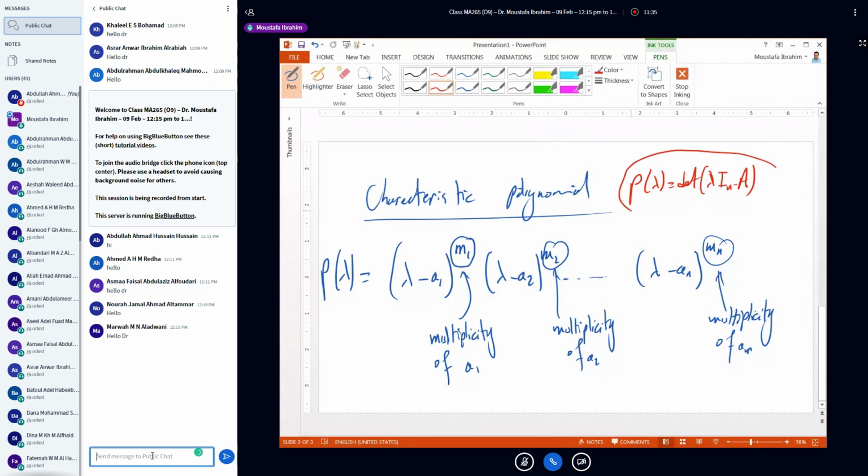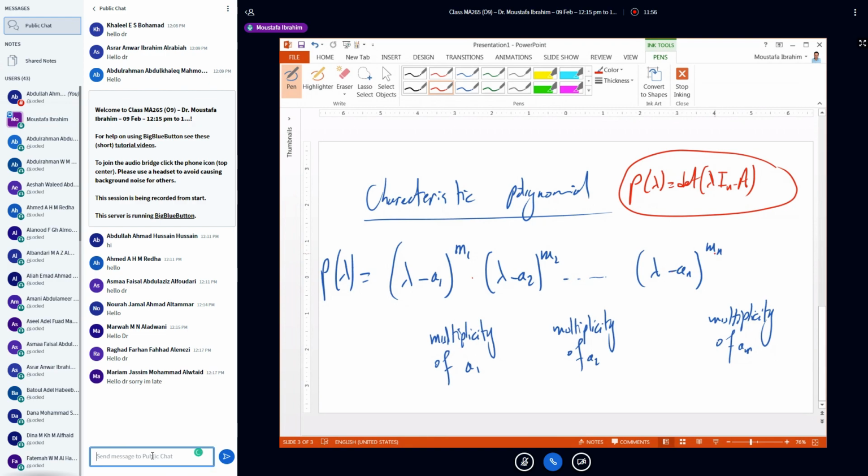If we compute this determinant and get (lambda minus a1) to the power of m1, multiplied by (lambda minus a2) to the power of m2, etc., up to (lambda minus an) to the power of mn, then m1 is called the multiplicity of a1. Here a1 is an eigenvalue, a2 is an eigenvalue whose multiplicity is m2, and an is an eigenvalue whose multiplicity is mn.